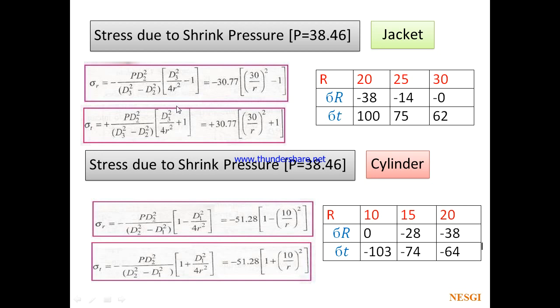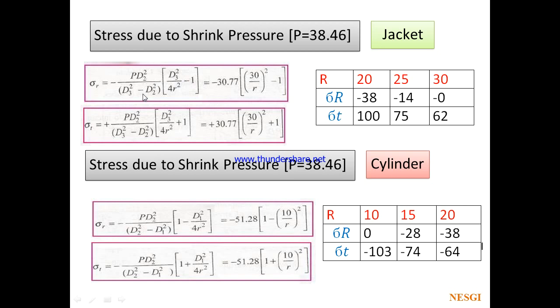Similarly for the stress induced in the jacket, sigma r and sigma t, these are the equations: p into d2 square by d3 square minus d2 square, into d3 square by 4r square minus 1.